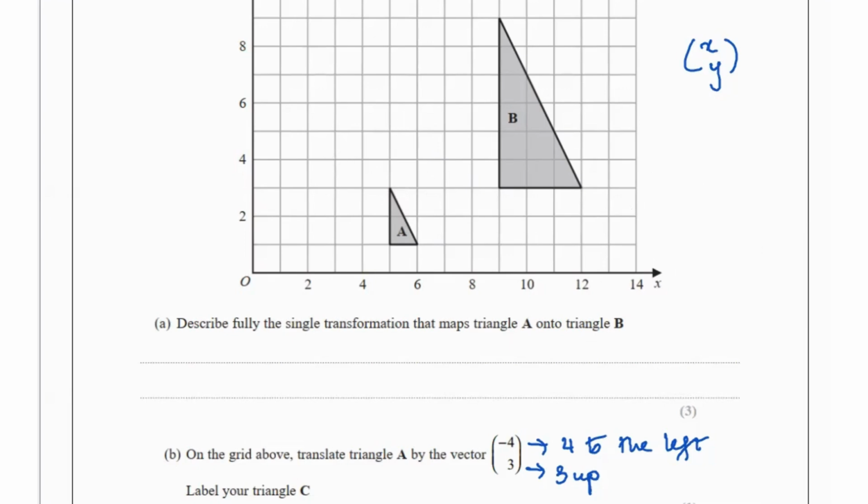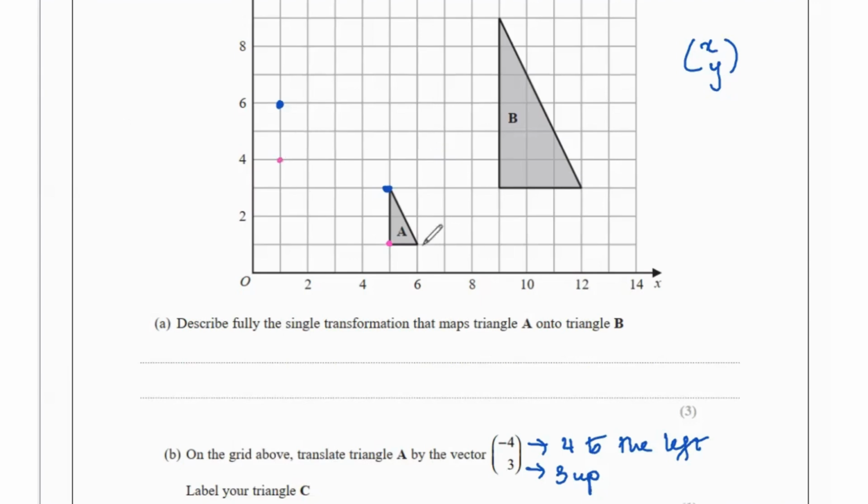So let's do the translation for each point separately. So for this point, we go 4 units to the left. So that's going to be over here and 3 up. So this is your point. Then for this point, 4 to the left and 3 up. So that's going to be over here.